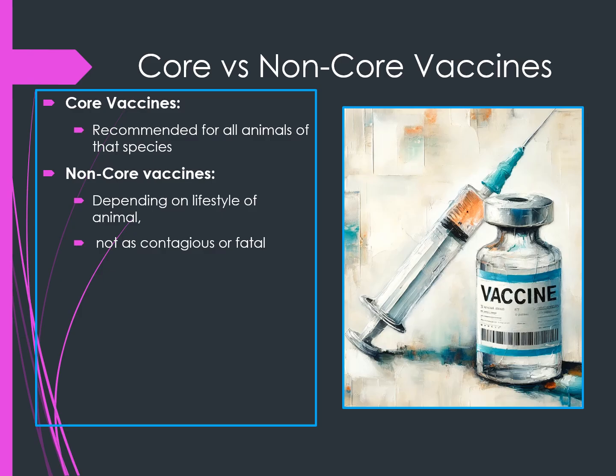Like, for example, for dogs, rabies, distemper, parvo. And then non-core vaccines, depending on the lifestyle of the animal. So is your dog splashing around in puddles all the time? Are you going through the woods? Then you're probably going to need that lepto vaccine and Lyme. Is the dog being boarded? Then we're going to talk about Bordetella.